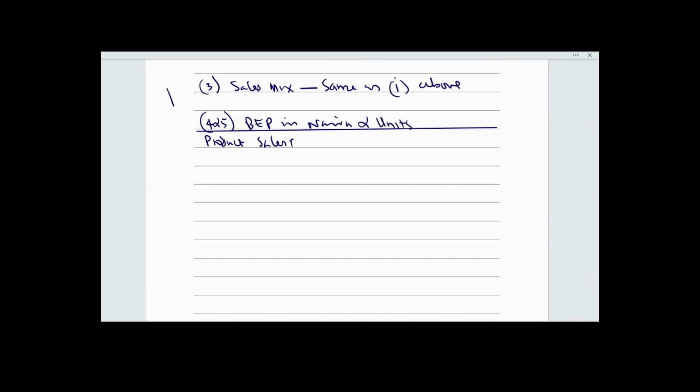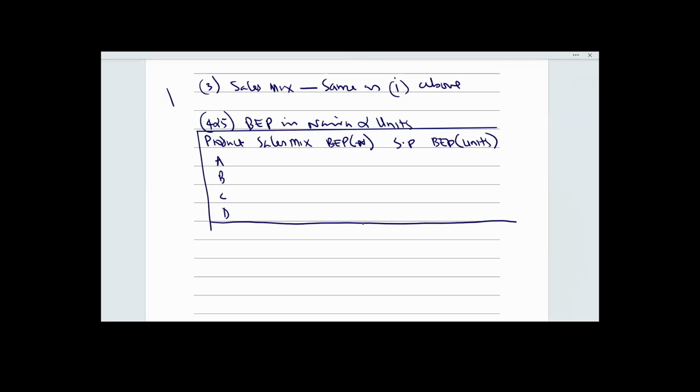Sales mix. Break-even point in Naira. Selling price. Break-even point in units. Products A, B, C, and D.